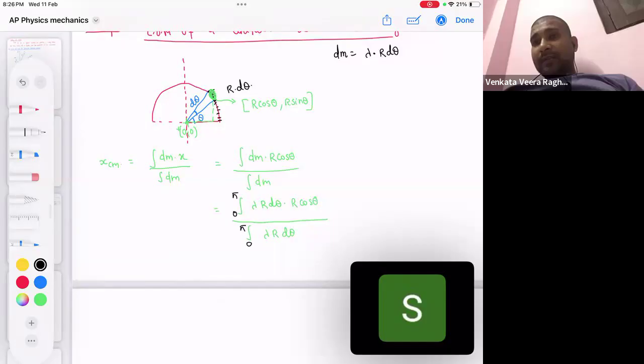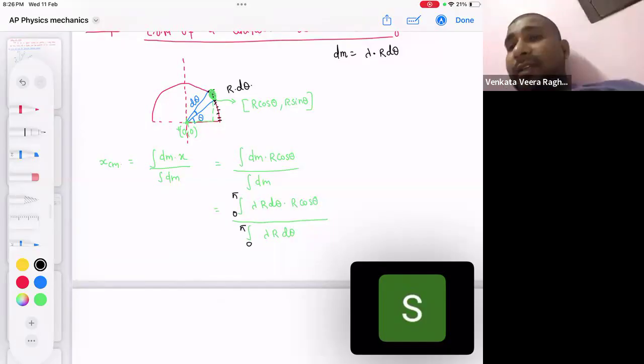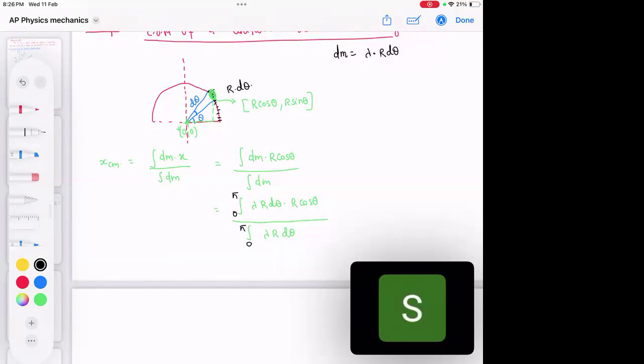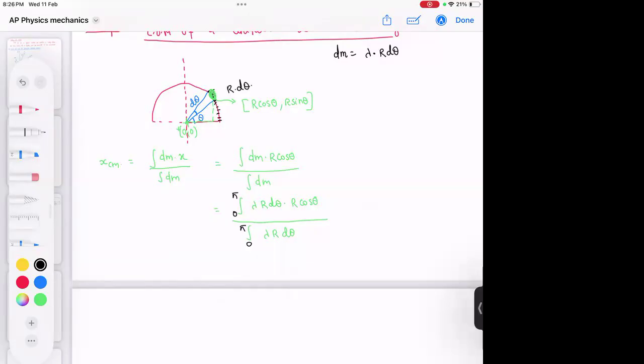Now you simplify it and let's see what we are going to get after the simplification. Okay, so if you simplify it, what are we getting? Lambda outside, r square outside, cos theta d theta integration, sin theta will come, 0 to pi. Denominator lambda r d theta integration, theta will come, limit from 0 to pi.